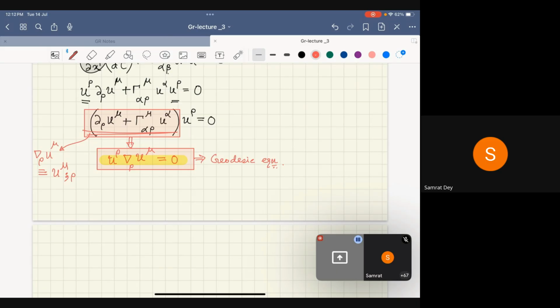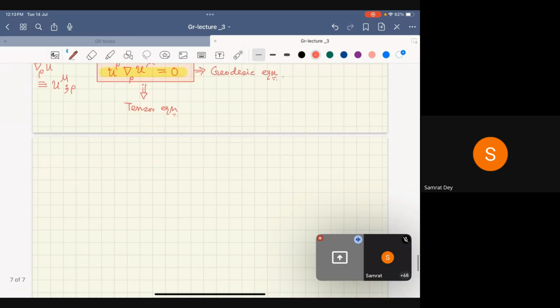This expression contains 4 velocity, this expression contains a covariant derivative, and therefore the geodesic equation written in this compact form is definitely in a generally covariant format, and it is a proper tensor equation.